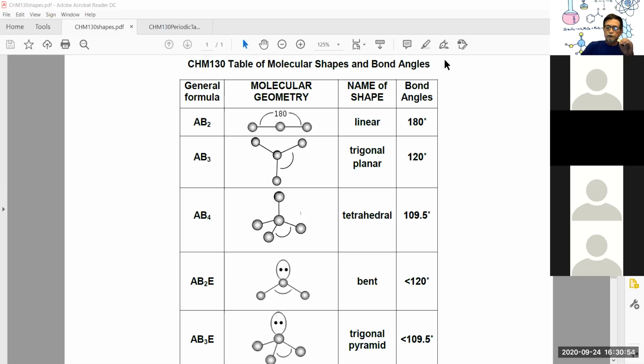And E is the electrons that are not bonded with the central atom, right? You got it. In fact, we're going to do an example now of a non-bonding pair on the central atom. Okay, thank you. Sure, no problem.